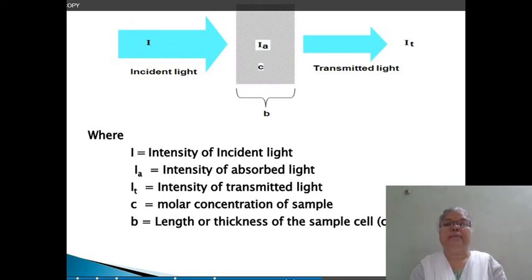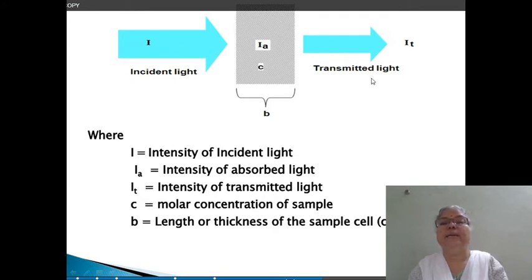The same thing is shown diagrammatically here. Before entering the absorbing medium, we have the radiation with intensity I, that is the incident radiation, and here is the absorbing medium in homogeneous form.